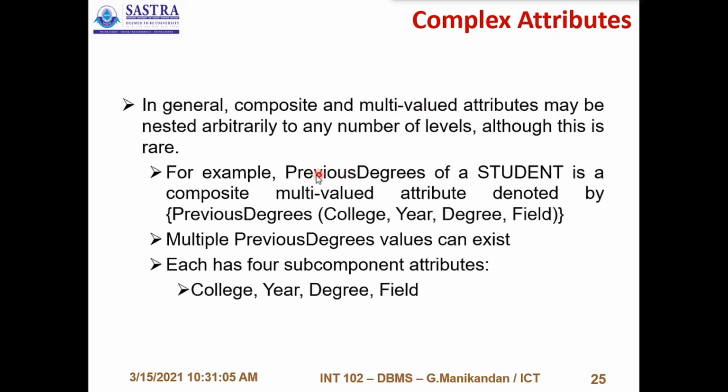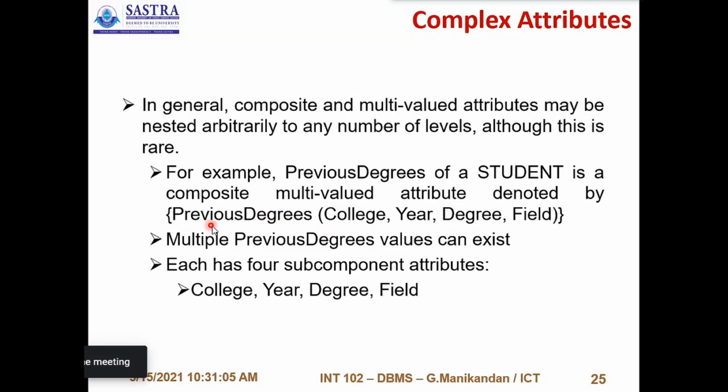Now consider this example. For each and every student, I want to store information about the previous degrees. Now your previous degree is going to be a composite as well as a multi-valued attribute. Why is this composite?